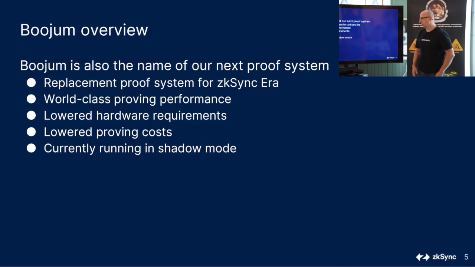So there is a possible trade-off between memory consumption and proving performance. Theoretically we could go as low as 8 gigabytes or maybe even 6. But it's at a cost.